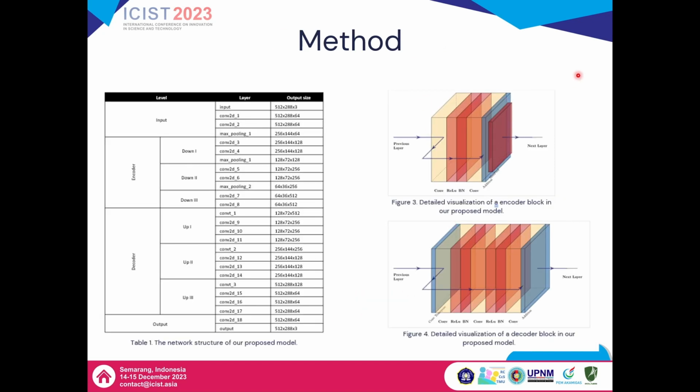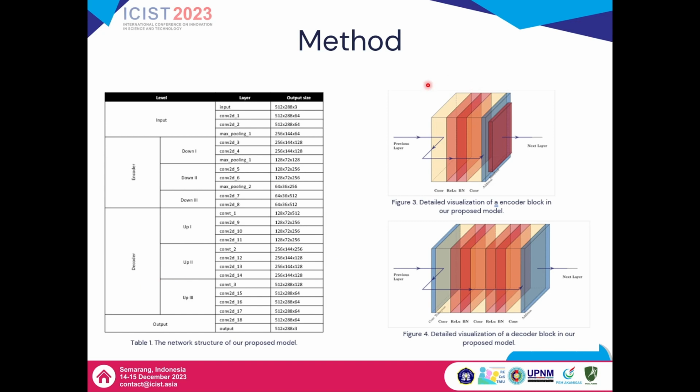This is the method that we propose. This is the table of the convolutional blocks. There are many blocks here, from the input until the output, and inside there is an encoder and decoder, and we divide it so the encoder is 3 and the decoder is 3.